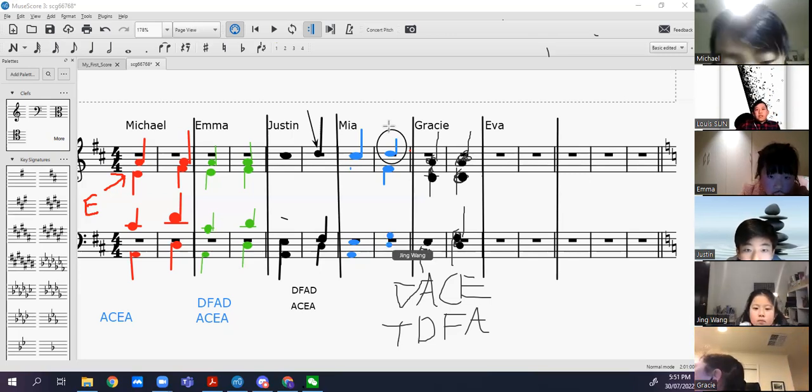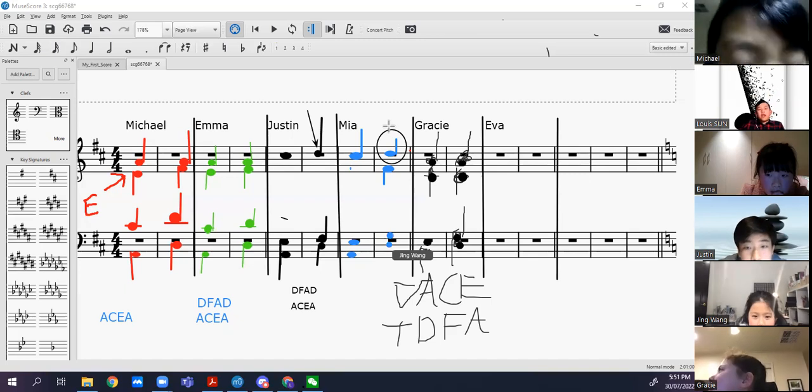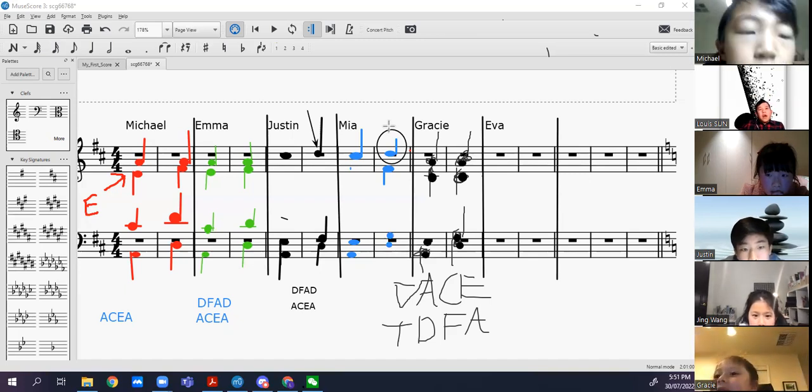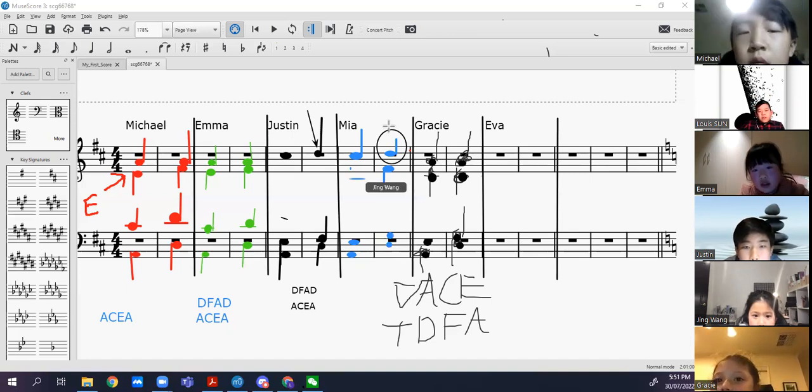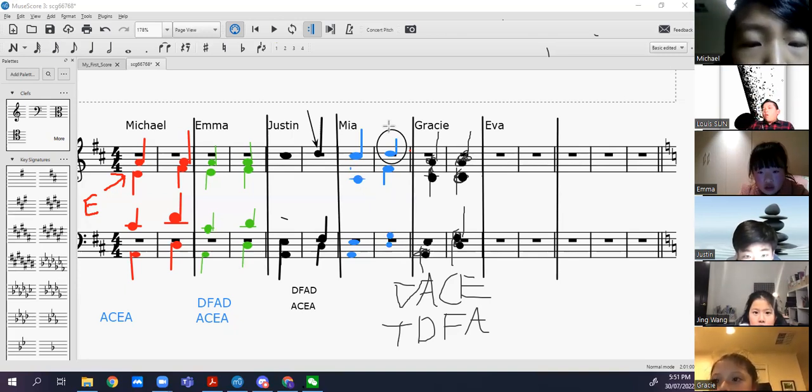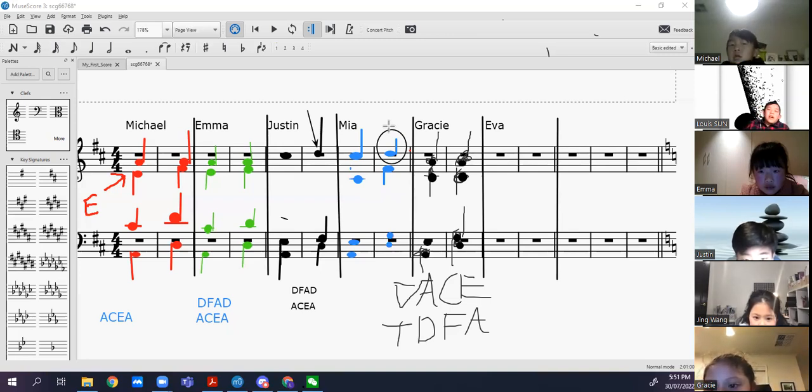So for Emma and Gracie, your extra challenge is to try to put, actually, do you want me to give you another key signature? It's your choice, Emma and Gracie. If you want me to give you another key signature, or do you want to try to do the perfect cadence again, but with different bass notes and with the leading note to tonic in the soprano?